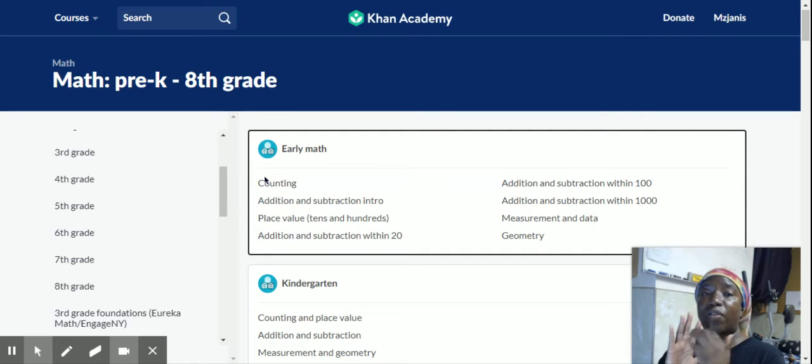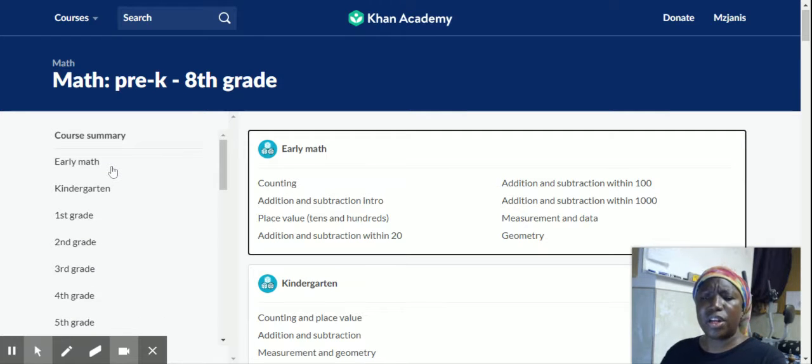Your little one has to have a phone or a tablet or their own computer, and then you sign in. You go to khanacademy.org, and then you push join, and then you put in the code if you're in the 2nd, 3rd, 4th, 5th, 6th, 7th, and 8th grade.